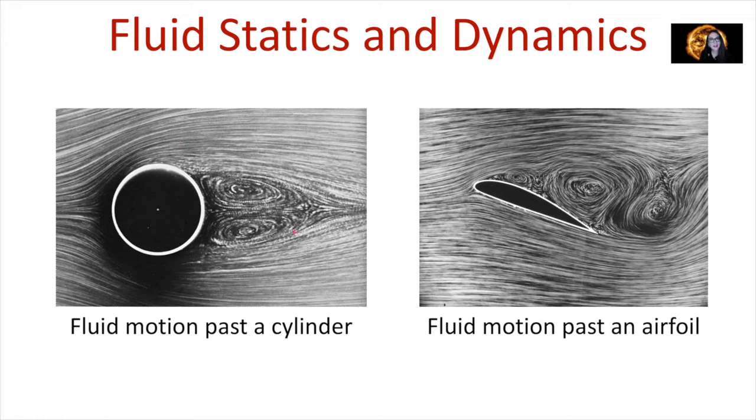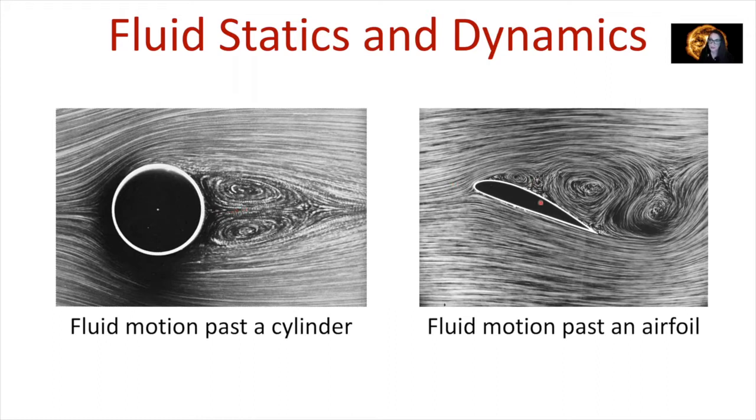But on the back side of the object, it creates turbulence. It creates these little swirling vortices, or what we call eddies, back here. And then you have some interesting patterns of the way that the fluid will flow behind the object. And this can impact things like the pressure difference between the front side and the back side of this object as it's moving through fluid.